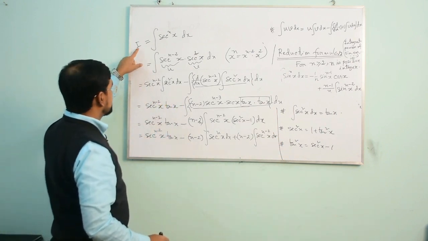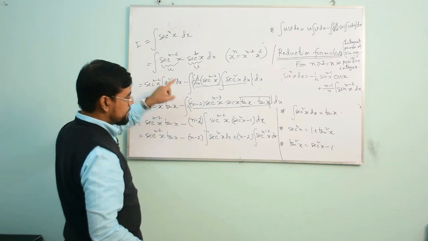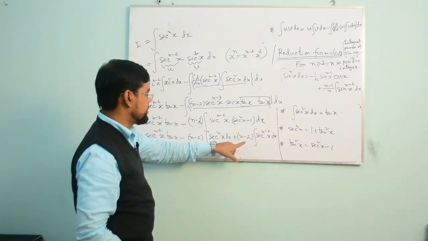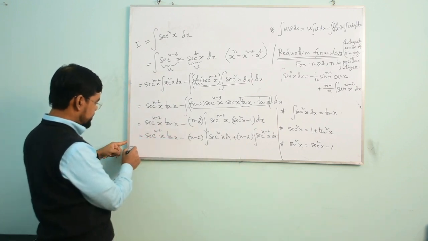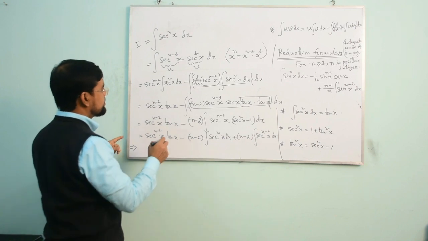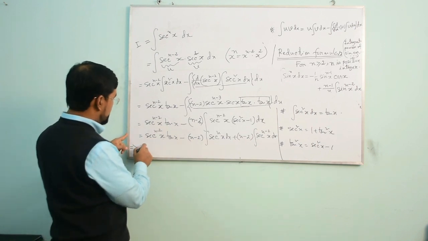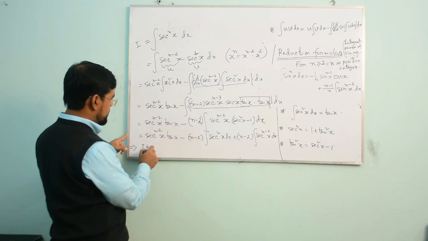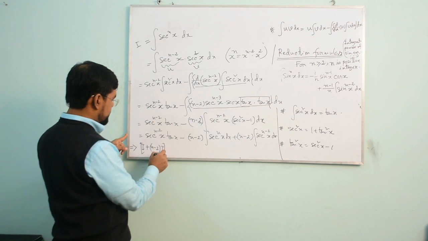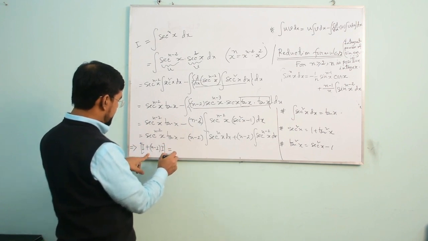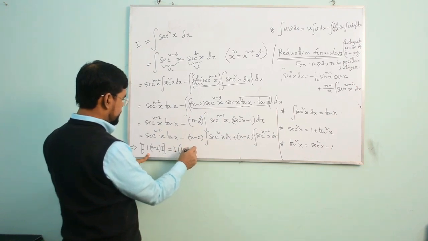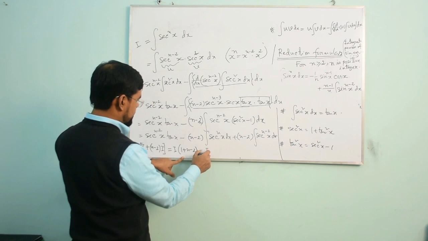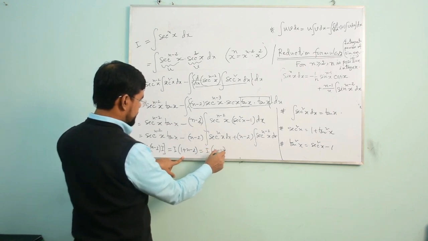So you have one I on the left side and another I on the right side with coefficient n minus 2. So you can take it to the left side, which you will get I plus (n minus 2) into I, which is equal to I into (1 plus n minus 2), which is equal to I into (n minus 1).